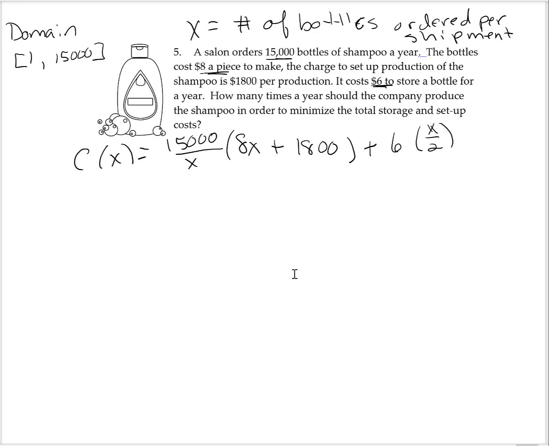So this time we do need to multiply this out. So we have 15,000 over X times 8X. Those 8's cancel. So we have 120,000 plus I have 15,000 times 1,800, which is 27 million.